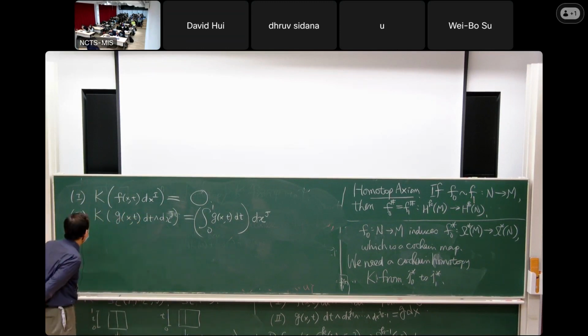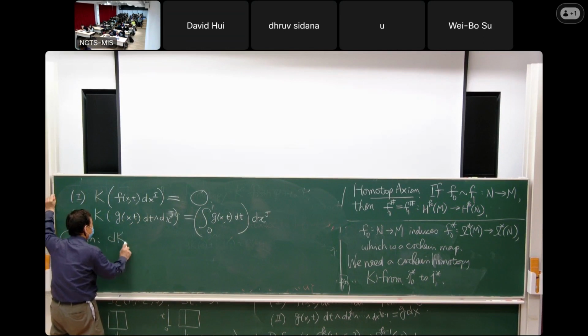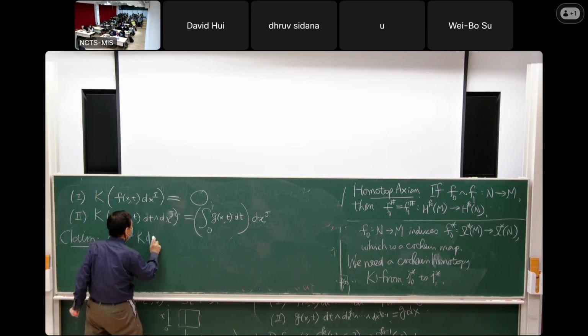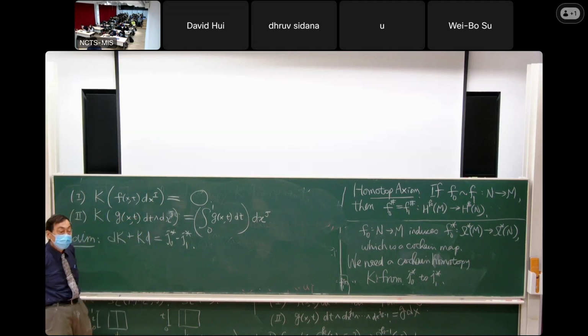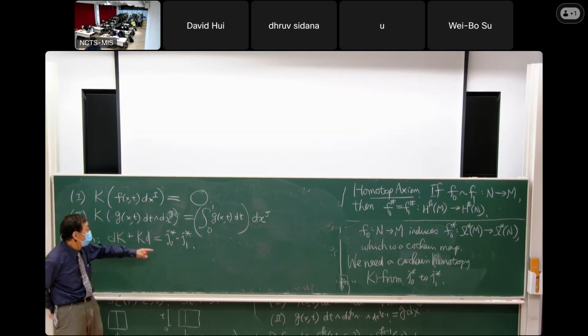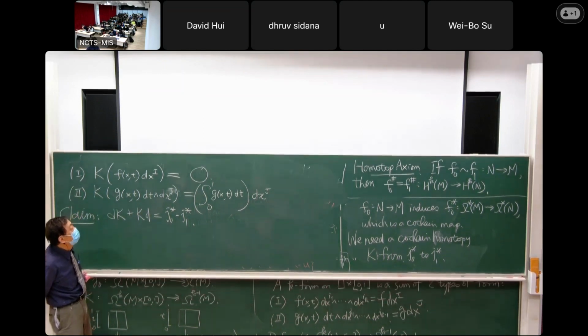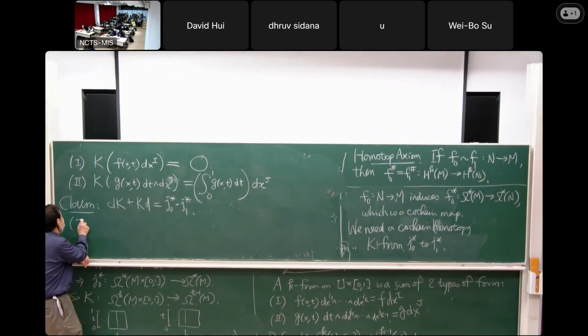Now you have to check that dK plus Kd is equal to J0 star minus J1 star. If that's true, then you have a cochain homotopy, and then you know that these two maps will induce the same map in cohomology. So we check it on the two types of forms.